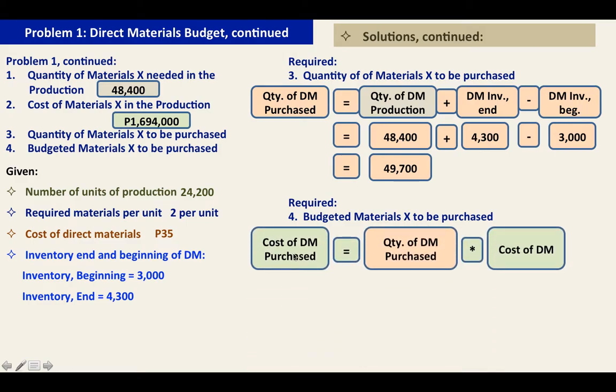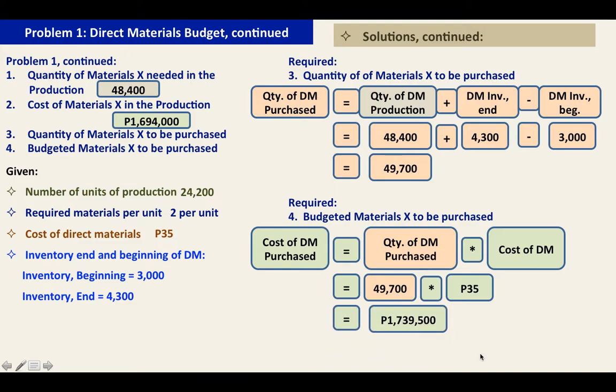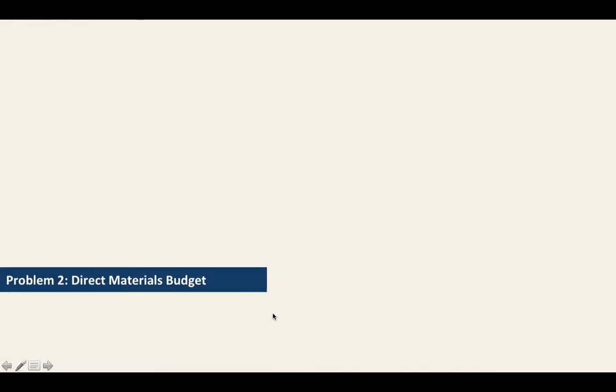And this is our formula. Okay? So the quantity of direct materials purchased is 49,700. Multiply that by the cost of direct materials. We will have the cost of direct materials to be purchased is 1,739,500. Okay?